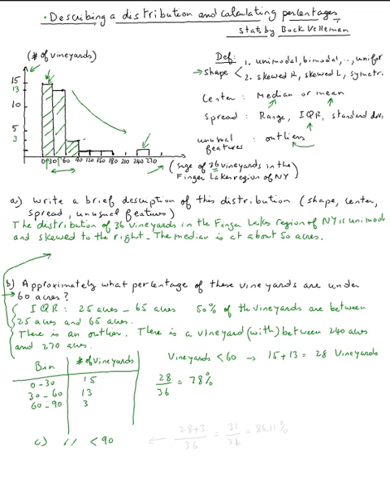The answer will be 28 plus 3 over 36, so actually it's 31 over 36. Let me use my calculator. That would be 86.11%, so about 86%. And that's it for this example.